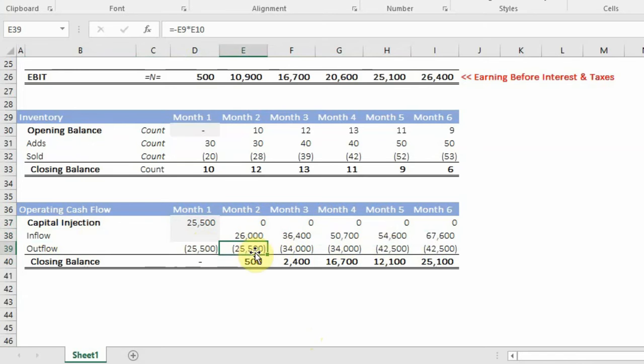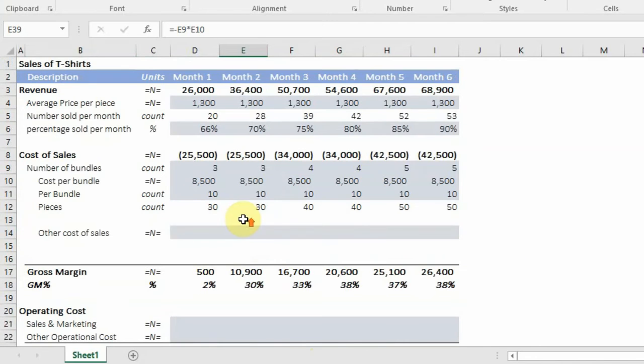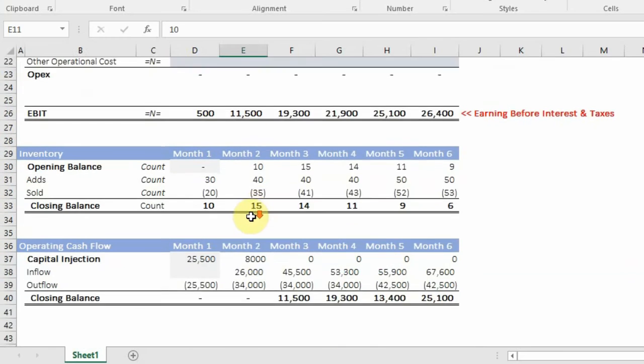So this is just to show you what cash might be required and how your cash is being used period in, period out. So let's assume that you're so excited that after the 3 bundles, even if you did not complete the sales of all the T-shirts, you wanted to buy 4 bundles. Well, that's fine, but this is the implication.